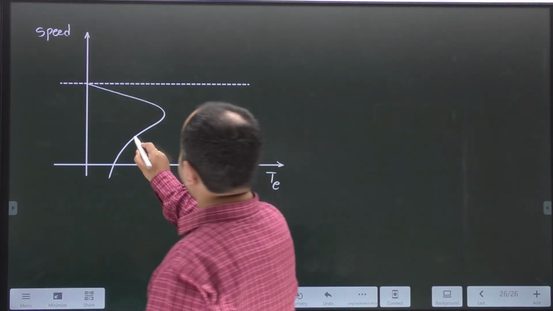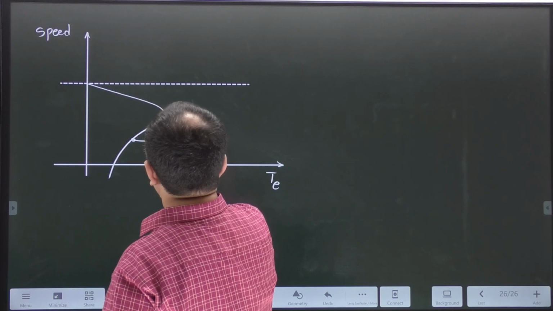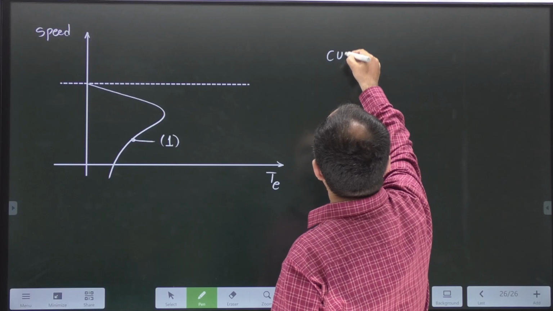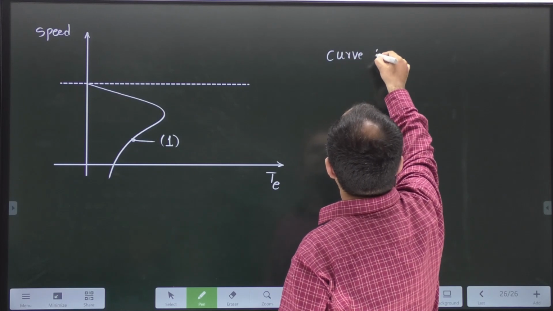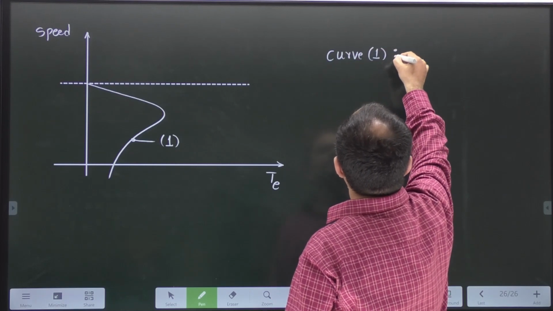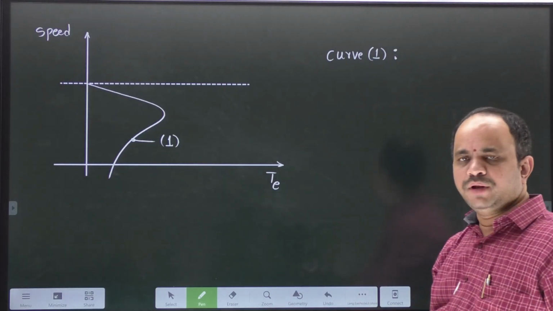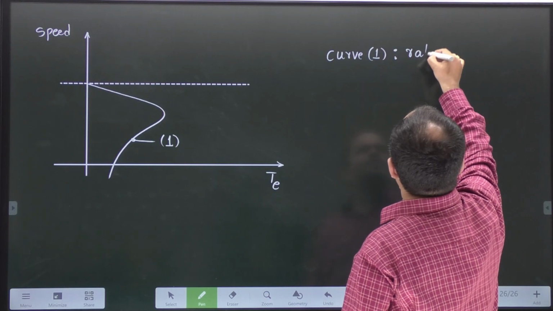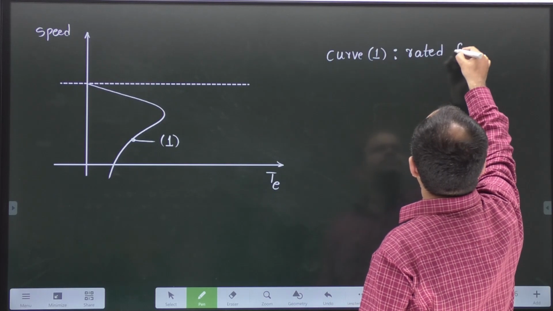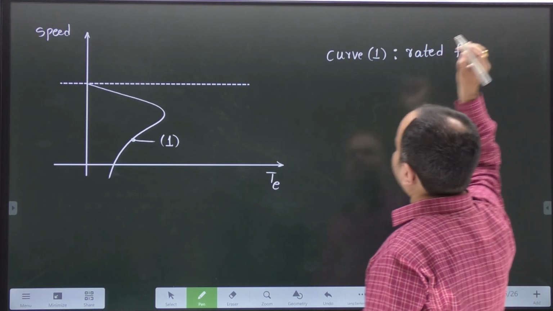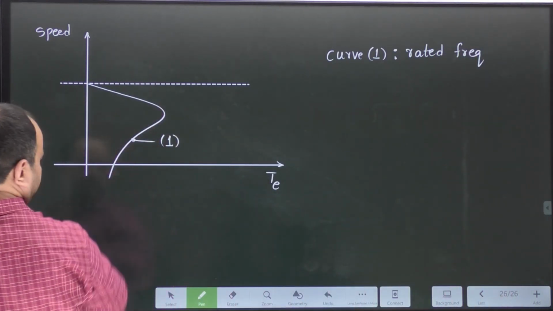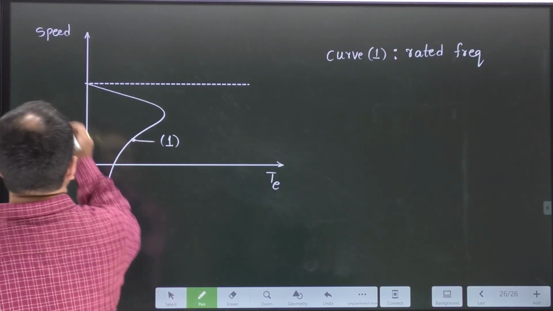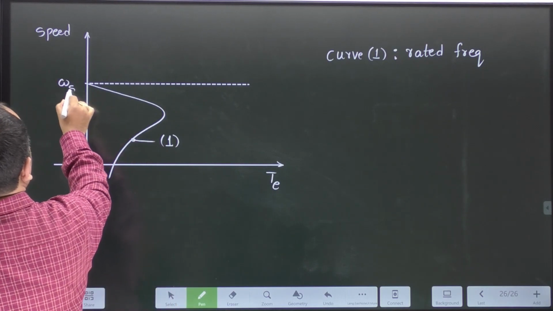This curve 1 belongs to rated frequency. Okay, say for example this is a synchronous speed, right?